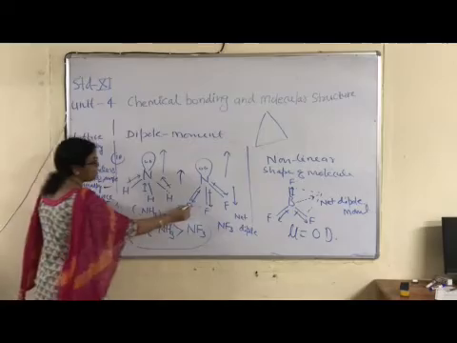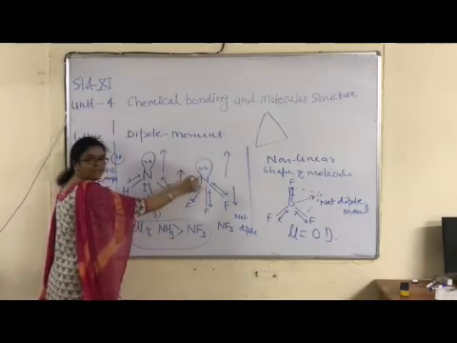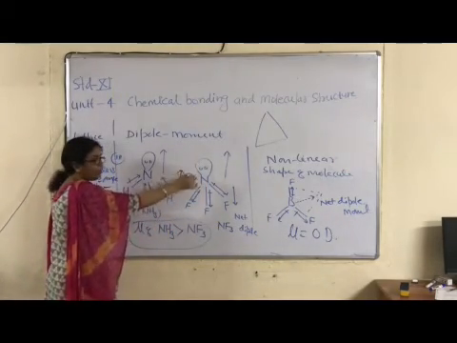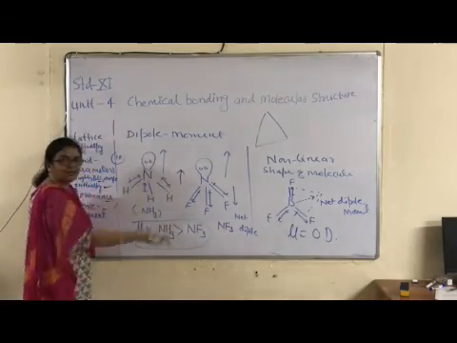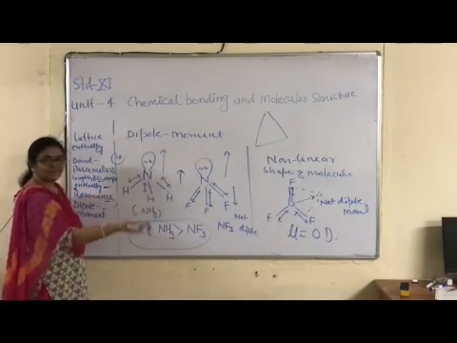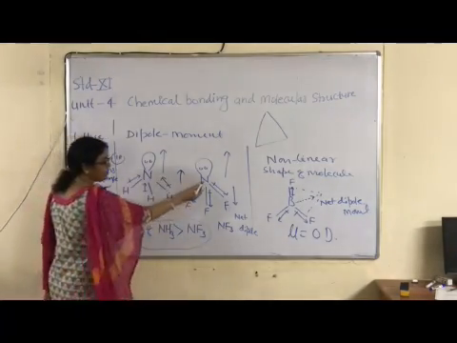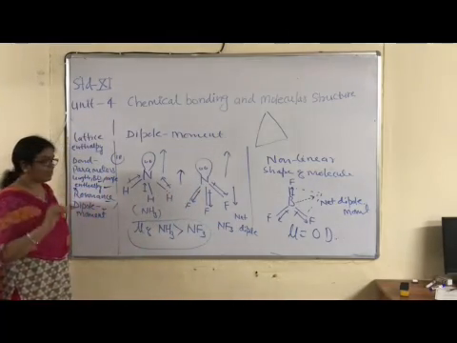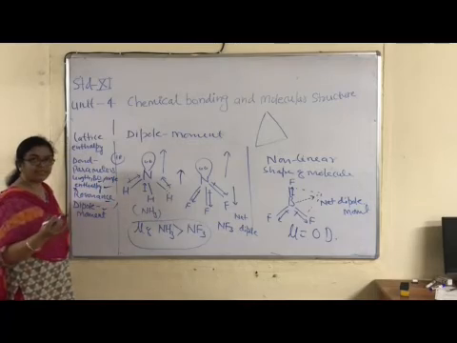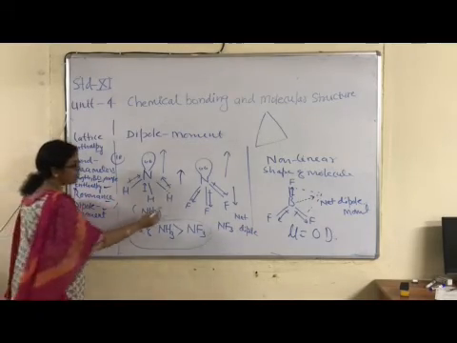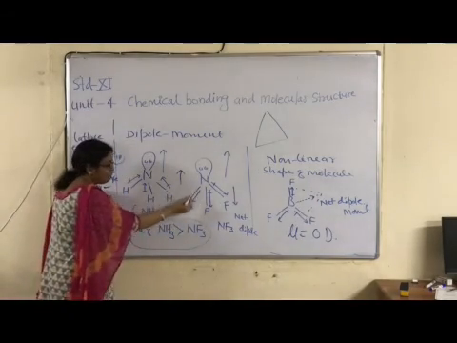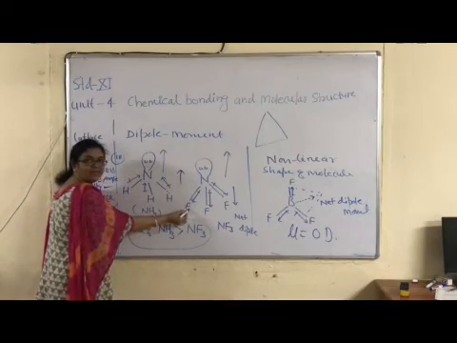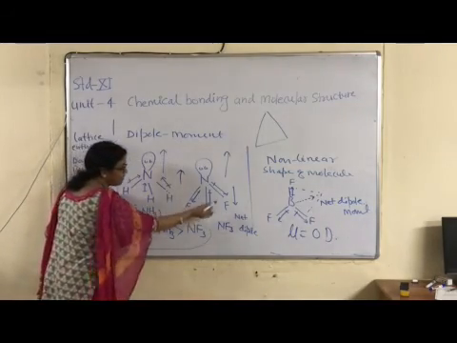But in NF3, the orbital direction of the lone pair of electrons in the p orbital lies in the upward direction. Okay, and between N and F, fluorine is the most electronegative. Fluorine is the most electronegative halogen, right? What is the direction of dipole moment? Towards the most electronegative center, F, F, F, right?